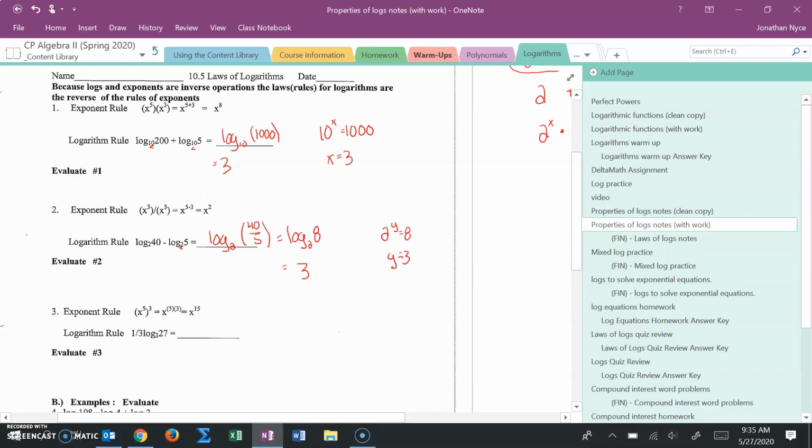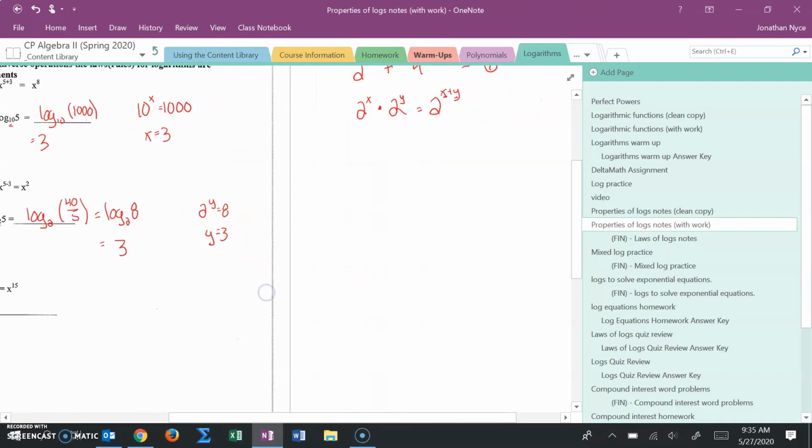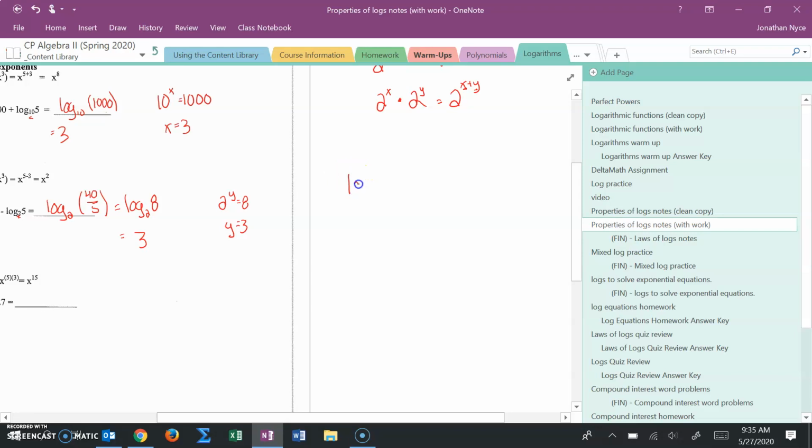One thing to be careful of with this second property, I'm going to do that over here, what several people do, and I'm going to make this mistake so hopefully you don't make the mistake. You have, we'll use the same numbers, log base 2 of 40 minus log base 2 of 5. This does not equal log base 2 of 40 divided by log base 2 of 5.